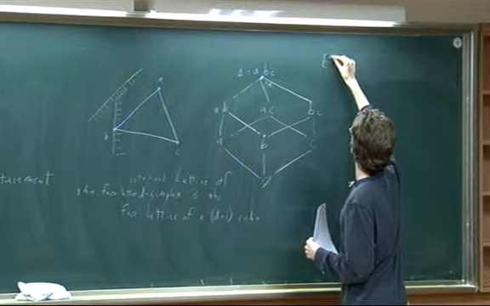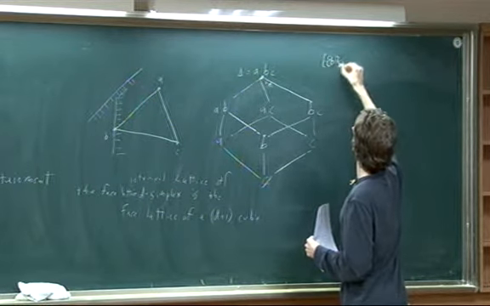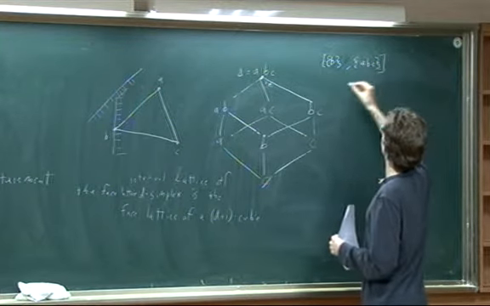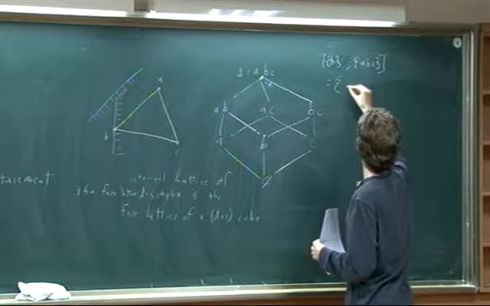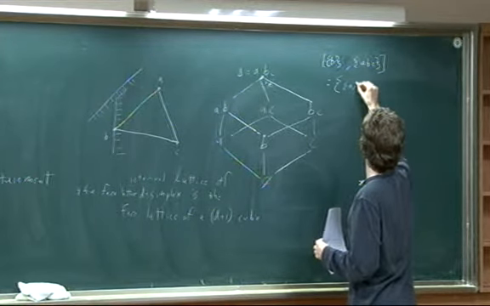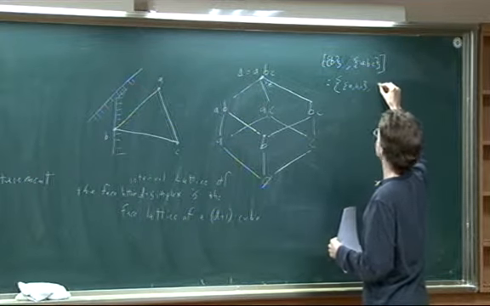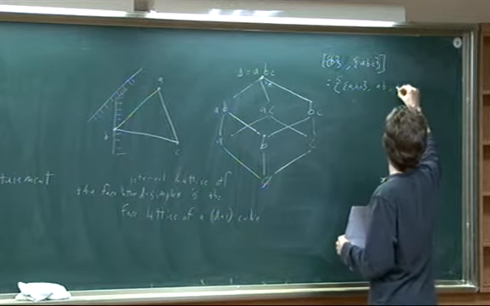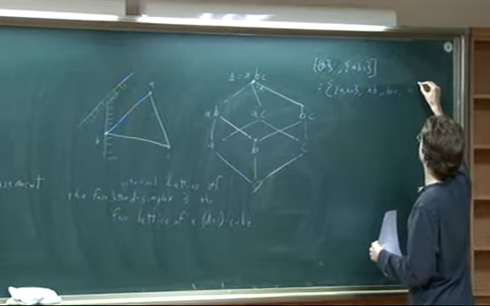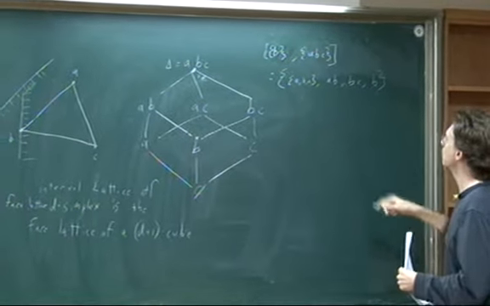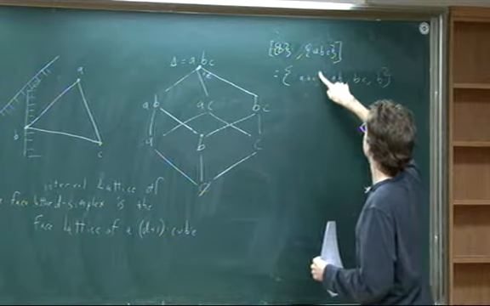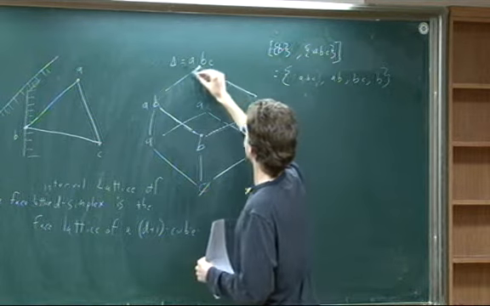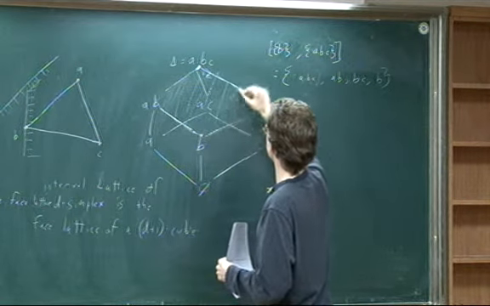Let's say B and A, B, C. This is a set consisting of A, B, C, and A, B, and I'll just write B, C, and B. So that would be this region here, right? This square is one interval.